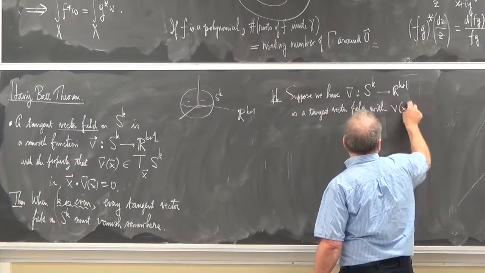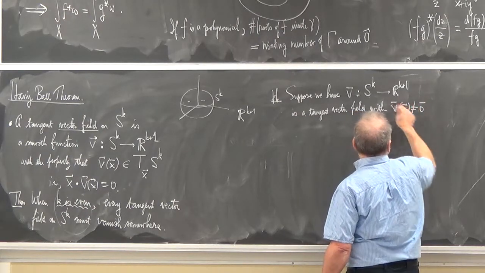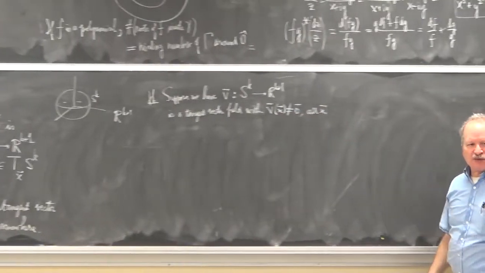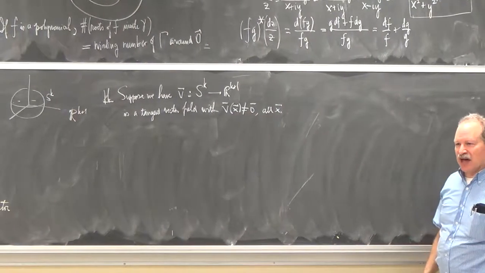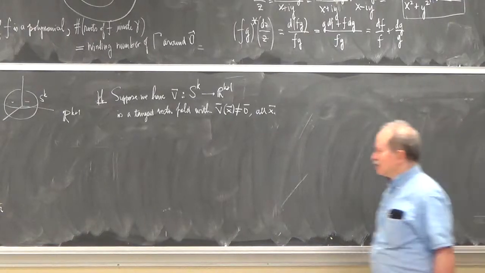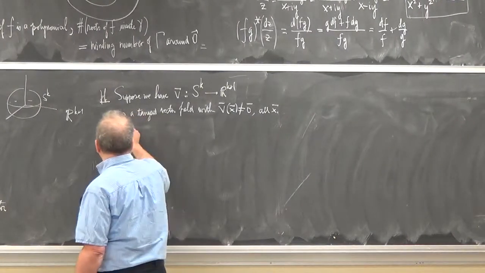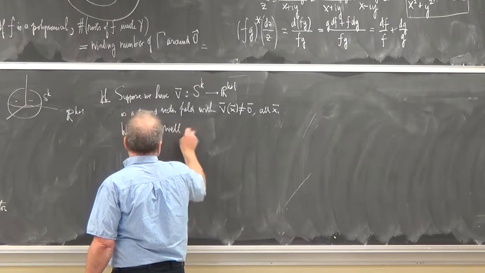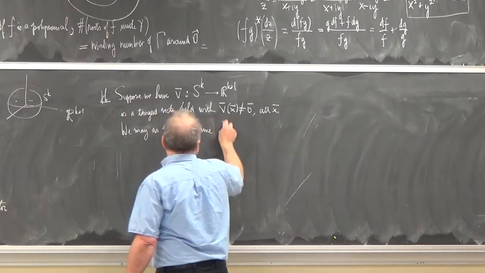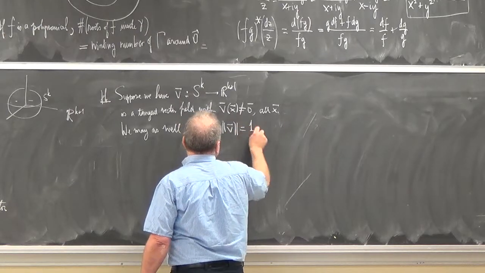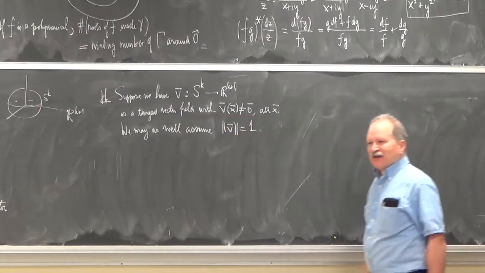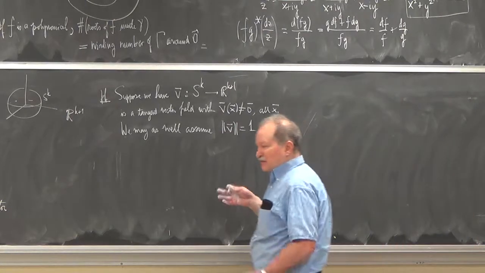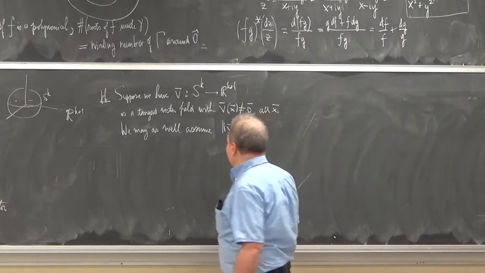Then without loss of generality, I can normalize my vectors and make them all length 1. Do you agree with that? So we may as well assume that the length of all the vectors is 1. So I've got a unit length vector field everywhere on the sphere, and it's never 0, obviously.